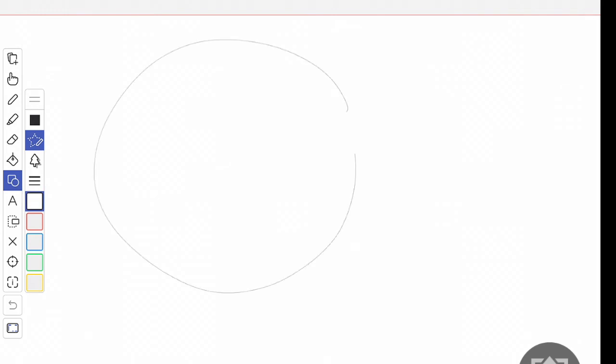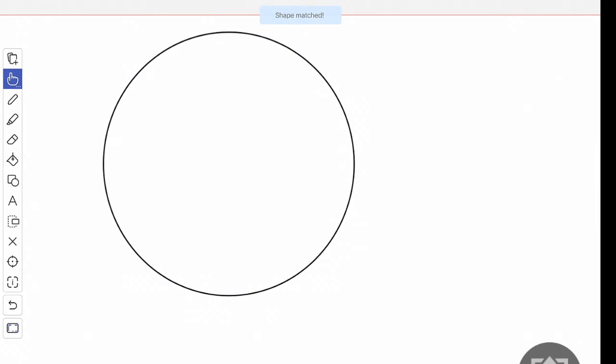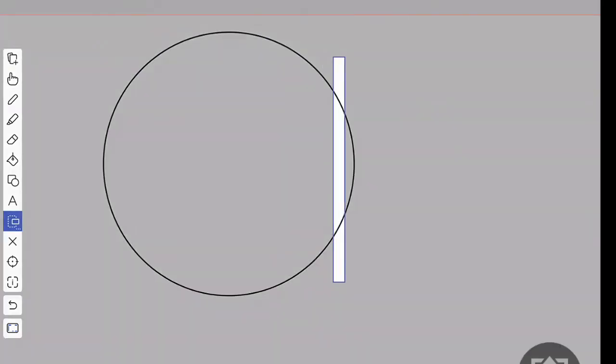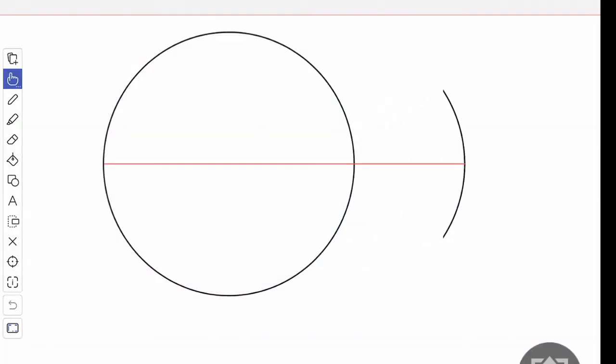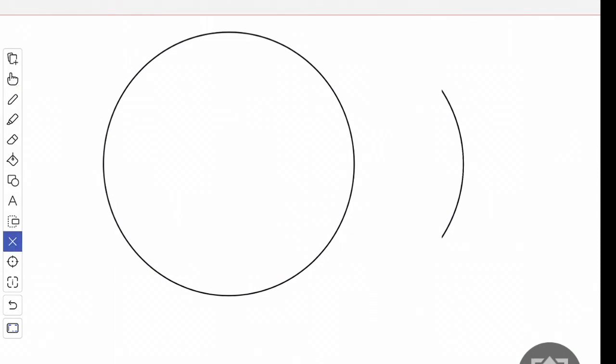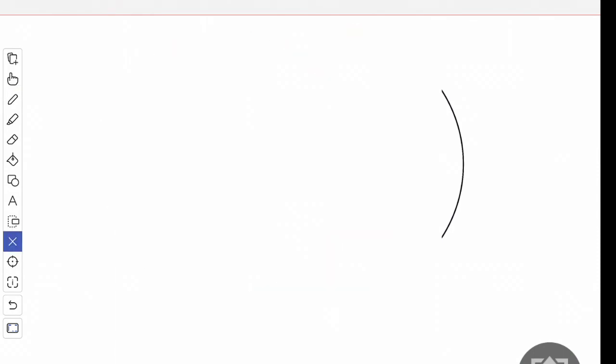So let me first draw a concave mirror. Let me take a sphere and cut a portion of it from here. Now I don't want the sphere, so I'm going to delete it. So now I have a concave mirror here.